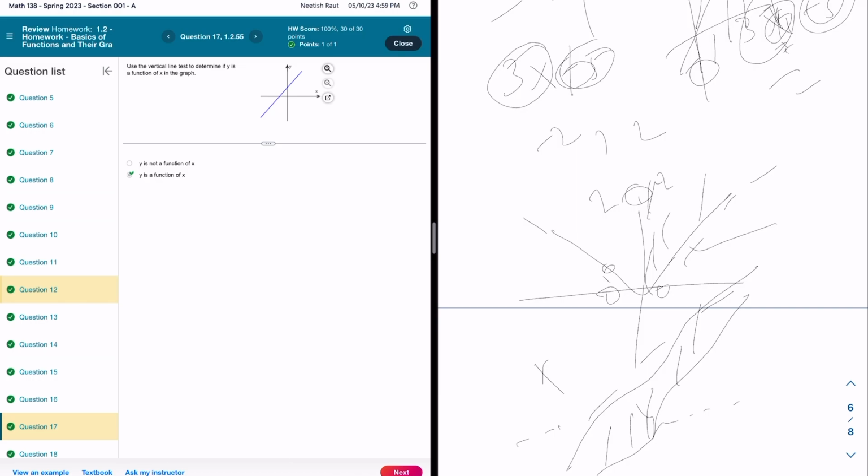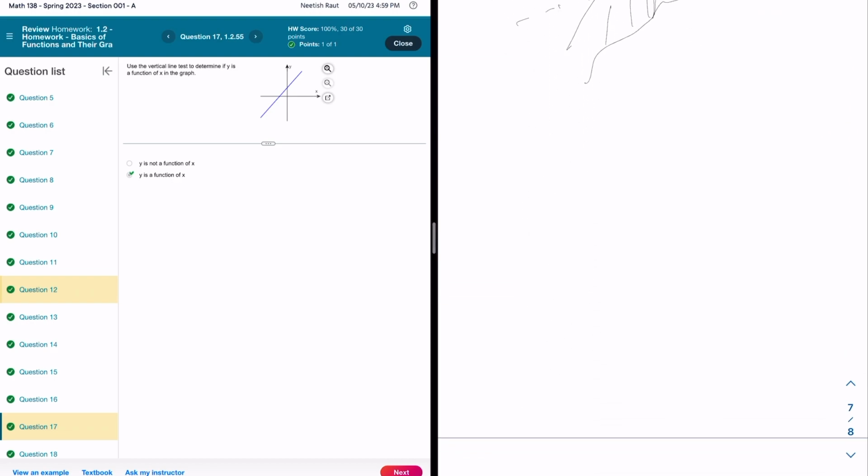It says to use the vertical line test to determine if y is a function of x in the graph. So in the vertical line test, how do you know if it is a function or not? You just draw a vertical line like this, and if it touches the graph only one time, then it is a function.